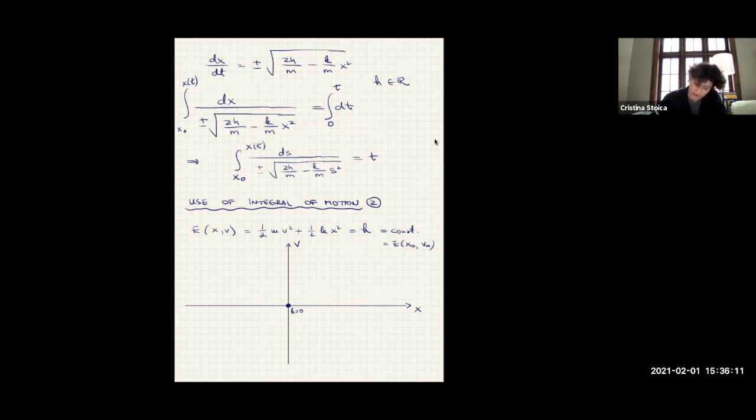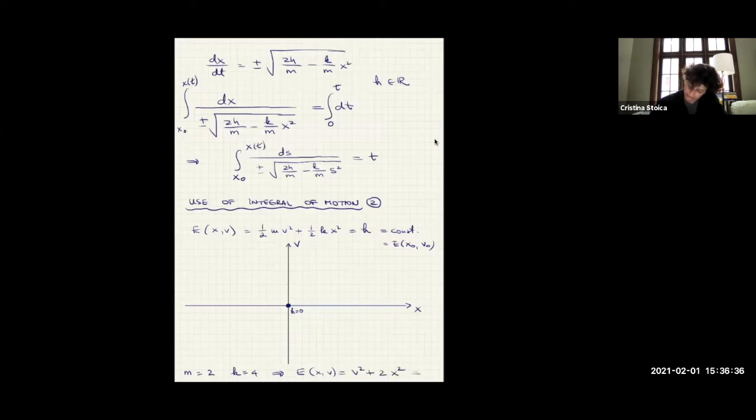So let's take, for example, m is 2 and k is 4, okay? Then I'm going to draw v squared plus 2x squared.